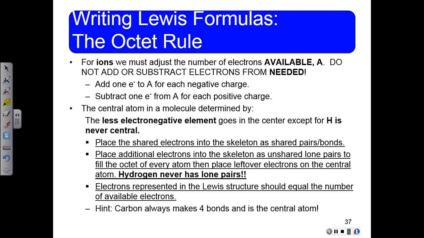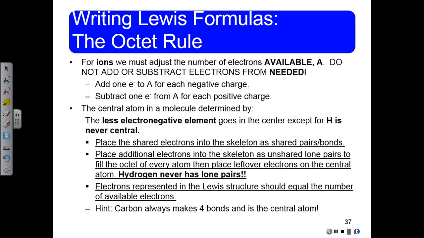Once you've determined the central atom, you can try to draw your skeleton, as we call it. So we haven't put any lone pairs or filled up our octets. That's what we did here: place shared electrons in the skeleton. So we made our bonds. Then place additional electrons in the skeleton as unshared lone pairs. Basically this says you fill the octet of the atoms that are there.